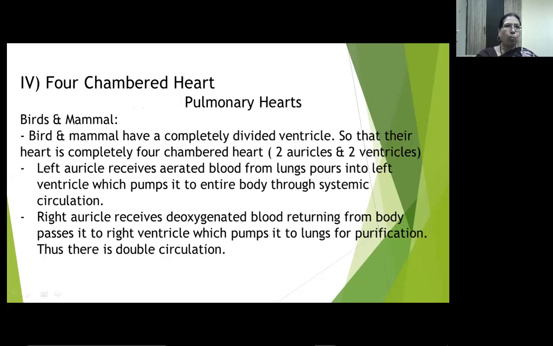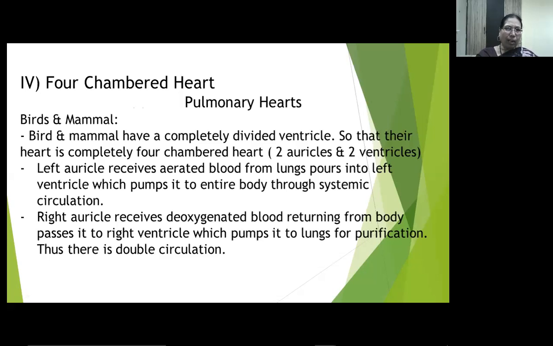Then we see the four-chambered heart, or pulmonary heart, which is found in birds and mammals. Birds and mammals have a completely divided ventricle, so their heart is completely four-chambered, with two auricles and two ventricles.